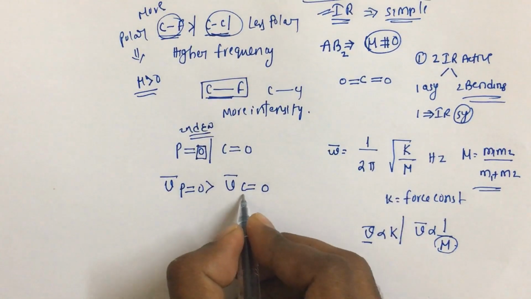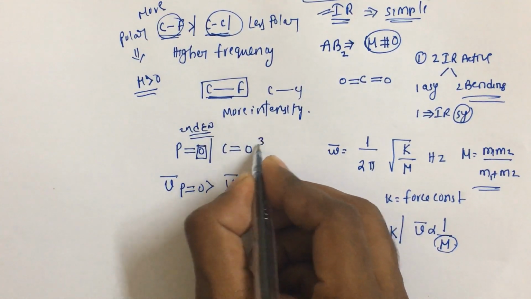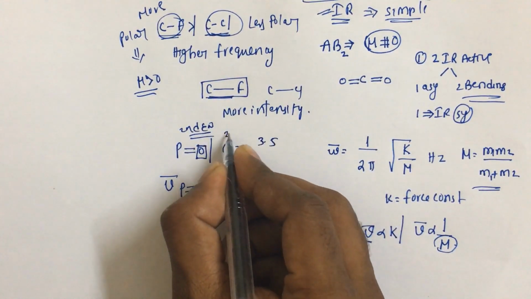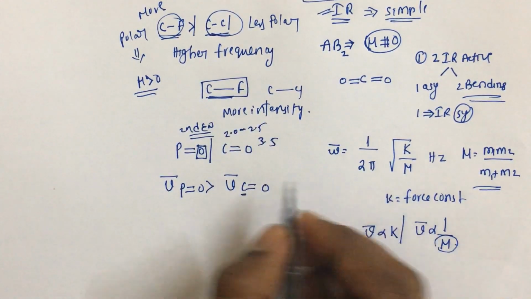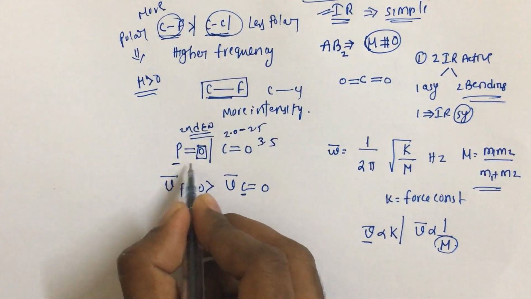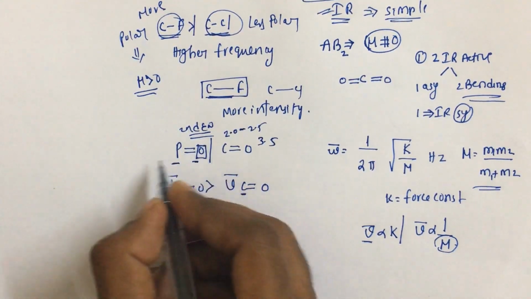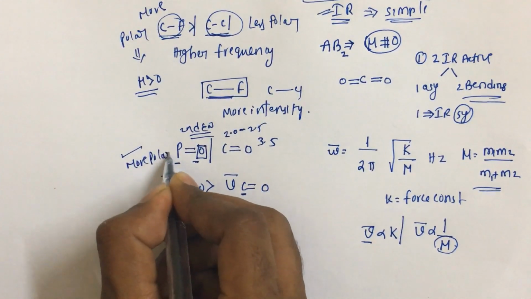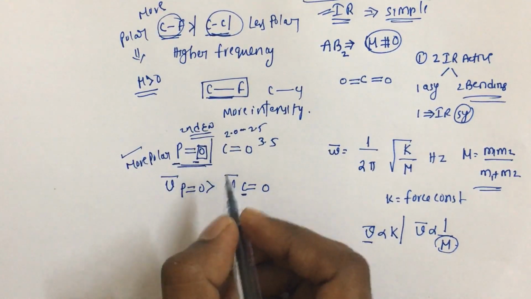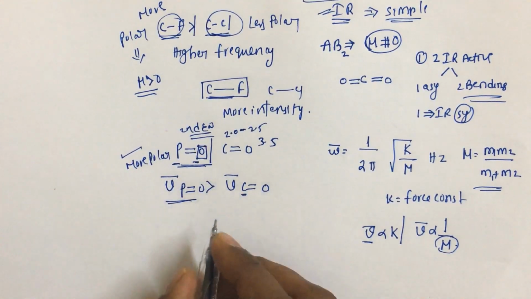Oxygen is around 3.5, while carbon is around 2.2 to 2.5. But the difference from phosphorus to oxygen will be more. Where the difference in electronegativity is more, the bond is more polar and has a greater change in dipole moment. Because of that, the frequency of that bond will be greater.